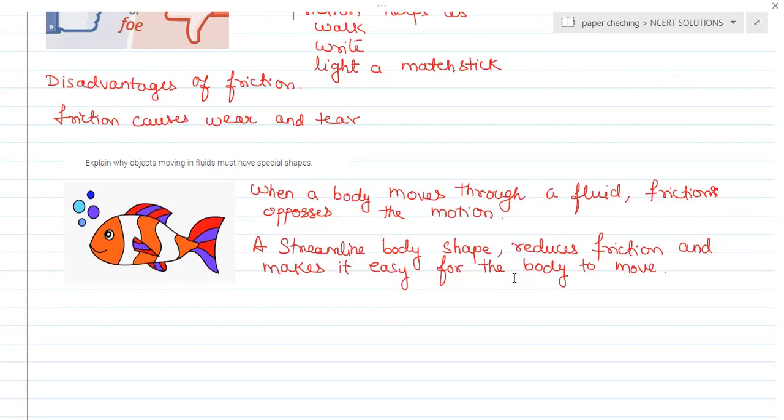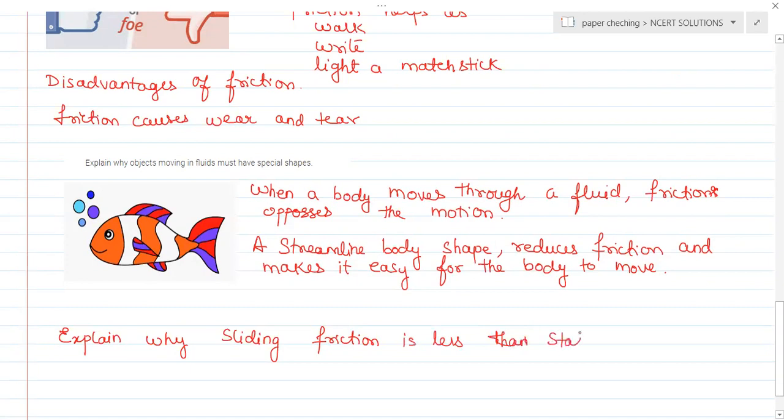There is another question that is usually asked: explain why sliding friction is less than static friction. Very interesting question.